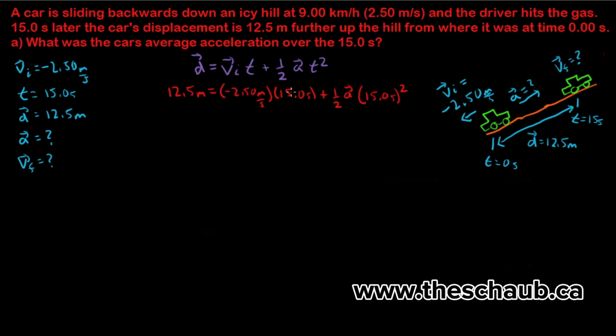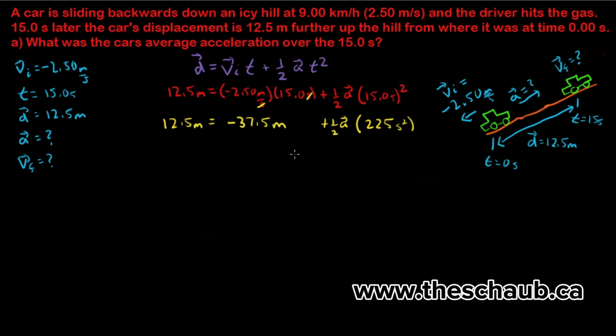Negative 2.5 multiplied by 15 is negative 37.5. Our seconds cancel with our seconds, so we're left with just meters. Plus our 1/2 A. 15 squared gives us 225 seconds squared, which is equal to our 12.5 meters. 1/2 multiplied by 225 is equal to 112.5.